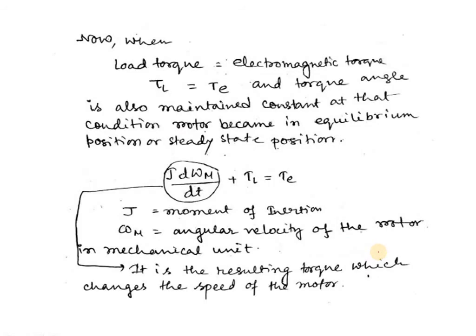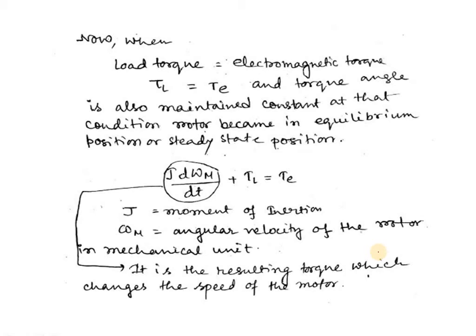Okay. So now the load torque should be equal to the electromagnetic torque, and the torque angle is also constant when the rotor is at its equilibrium or steady state position.